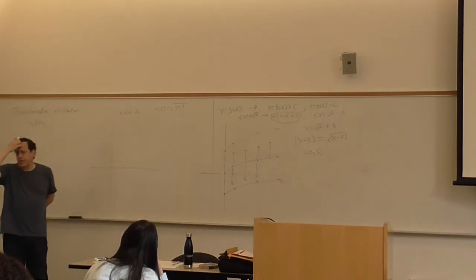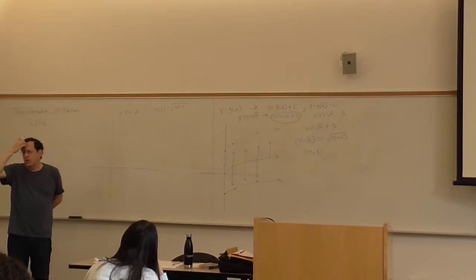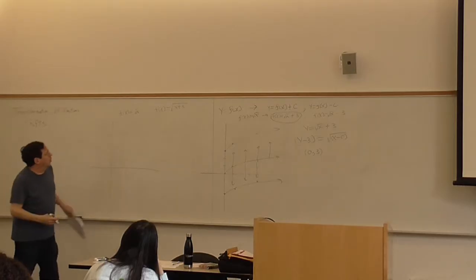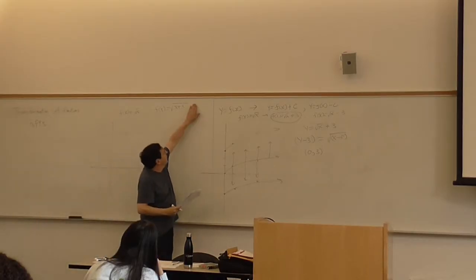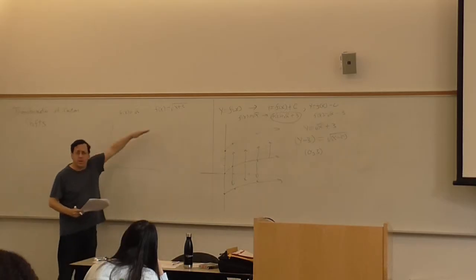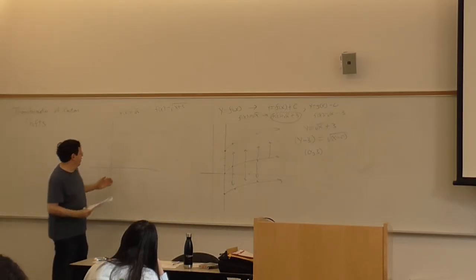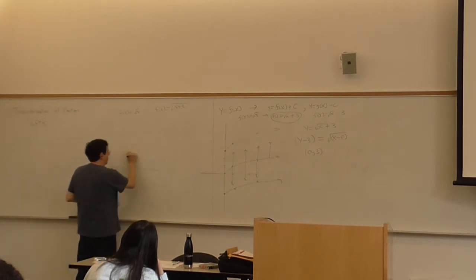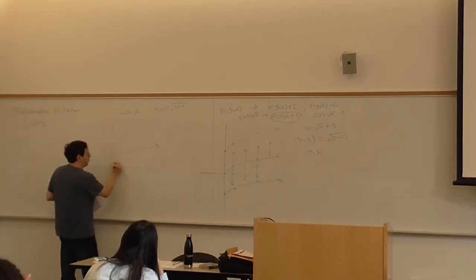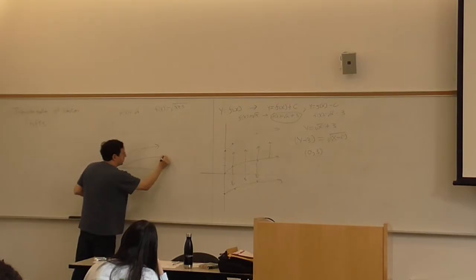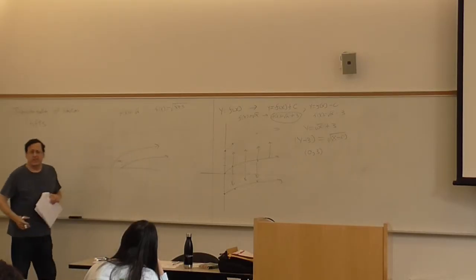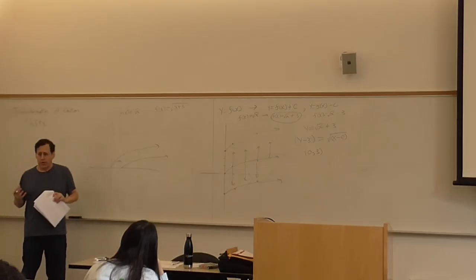What's going to happen now? Well, when I added something here, it kind of moved it up. So you might have an impulse to think, oh, my function is going to move to the right 3. And that's the mistake I want you to avoid.